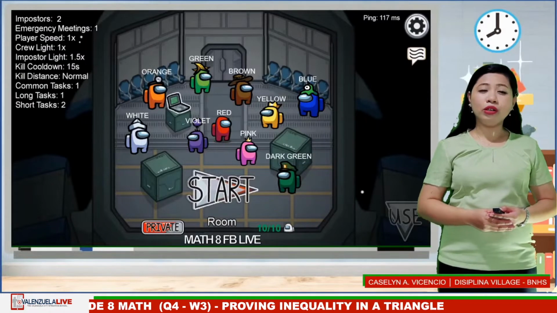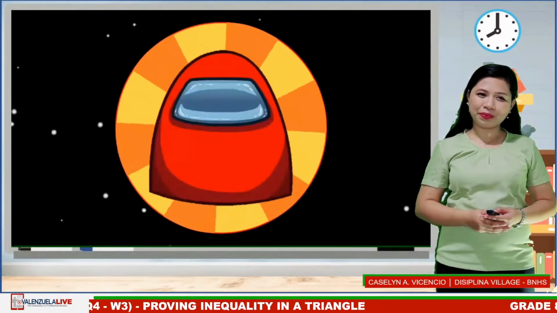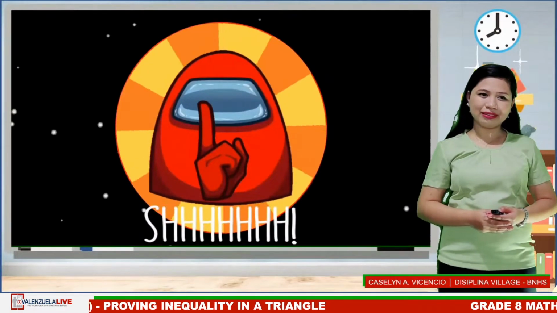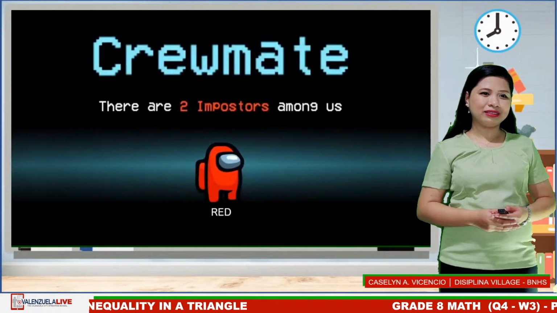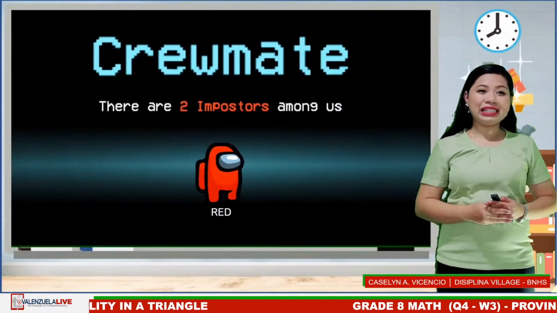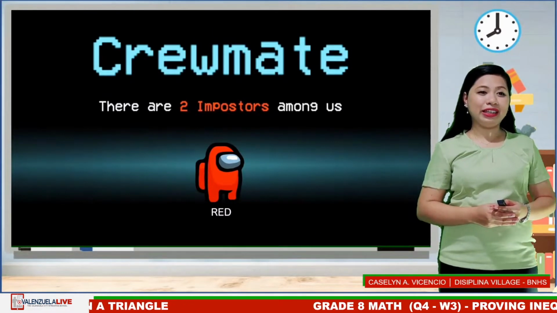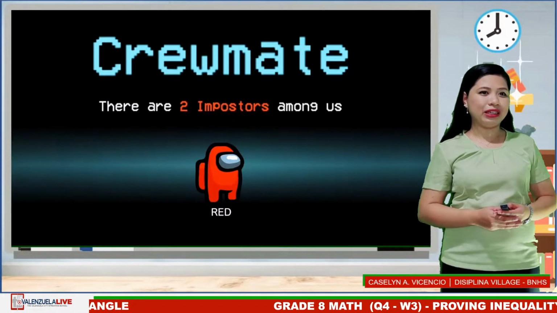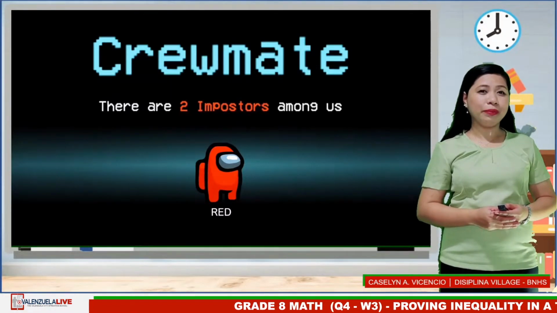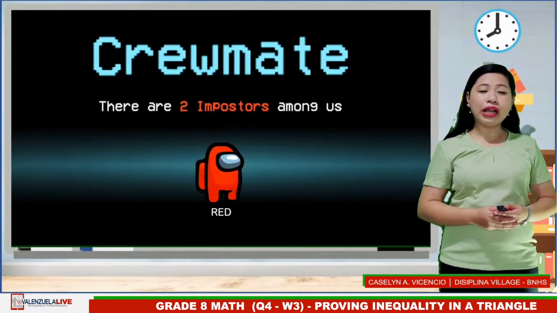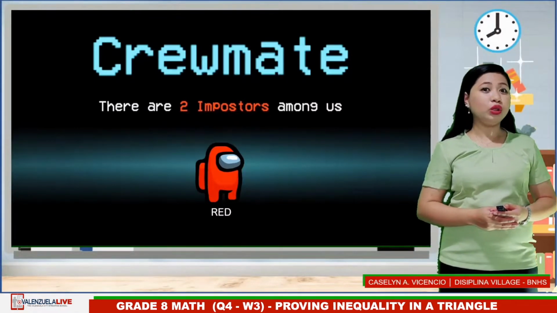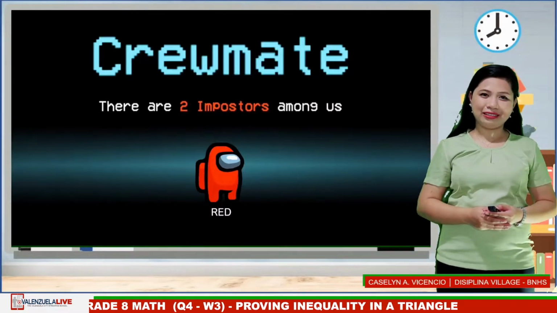Let's see what our role will be. Nice! We have designated a role as a crewmate. We must run around the ship and complete the tasks related to the lesson while trying to identify and avoid the two impostors.